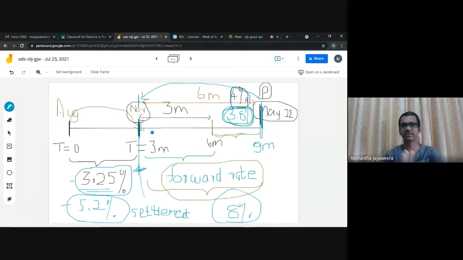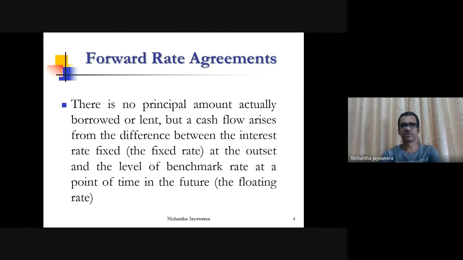You don't exchange any principal amount. This principal amount is just a notional amount which we use to calculate the cash flows. We don't exchange the principal. So effectively, you are not borrowing or lending. Is it clear? So no principal amount is actually borrowed or lent.